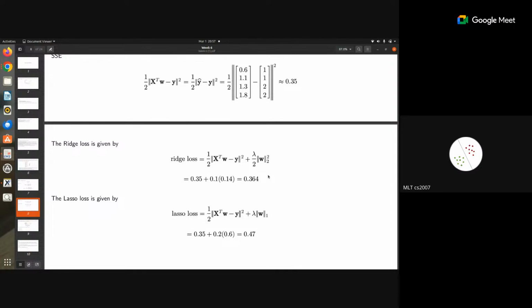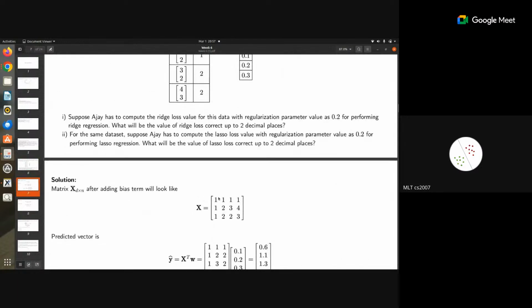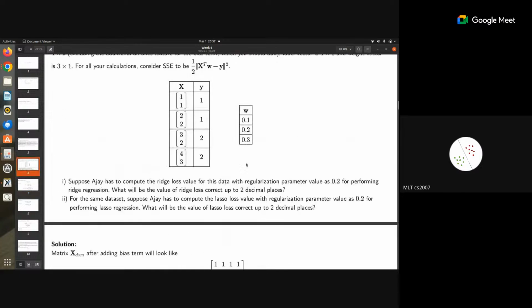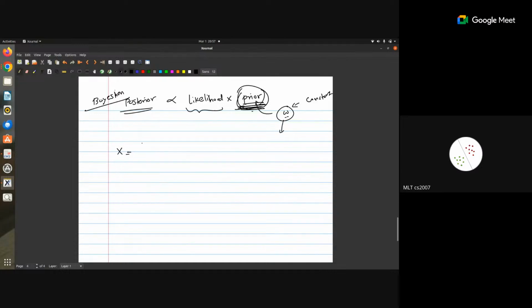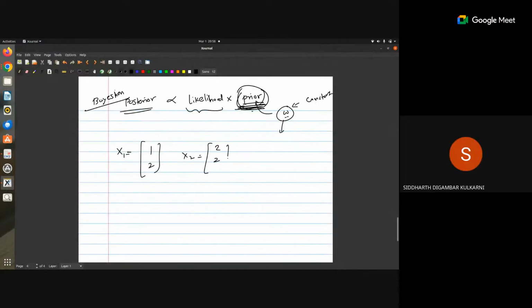I think that is not a problem for us, but I hope you understand how to solve this problem. Because of this bias term, you will have to add one extra row here, which is 1 1 1 1, and this 0.1 corresponds to it. Let me see how this looks. x is basically the first vector, x1, and to add one bias term, x2, and so on. The w vector looks like w0, w1 and w2.